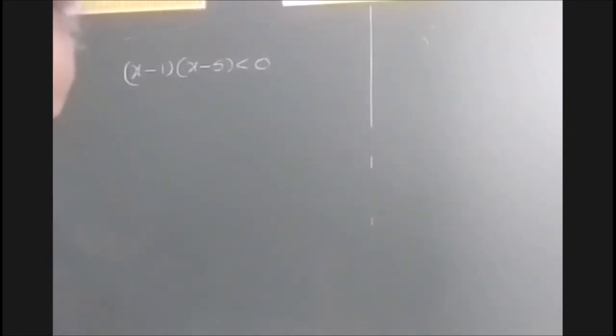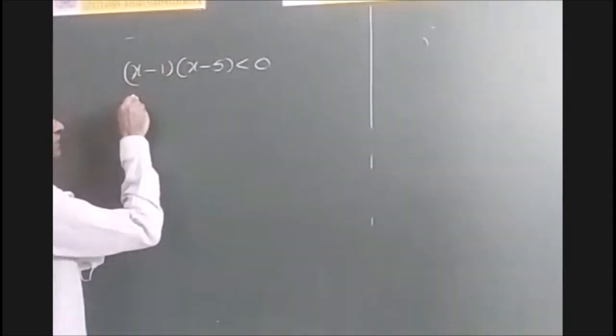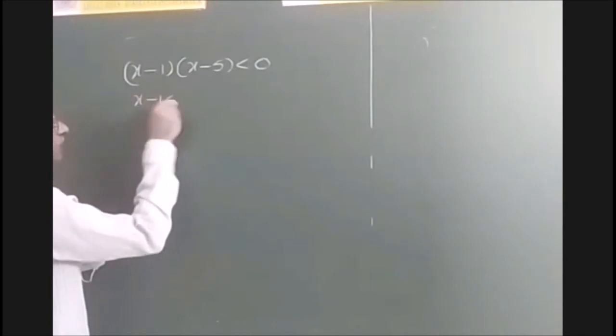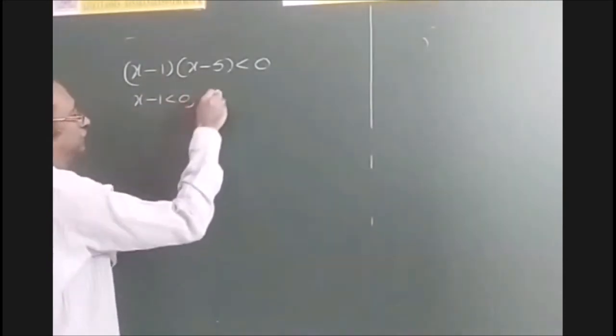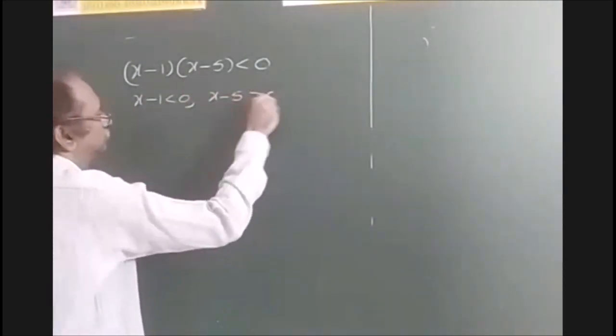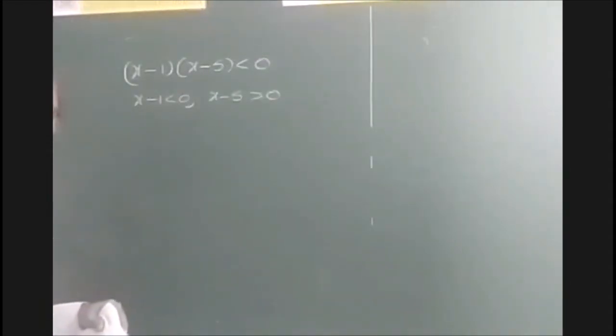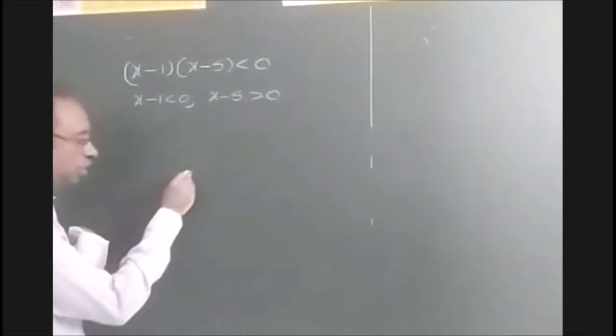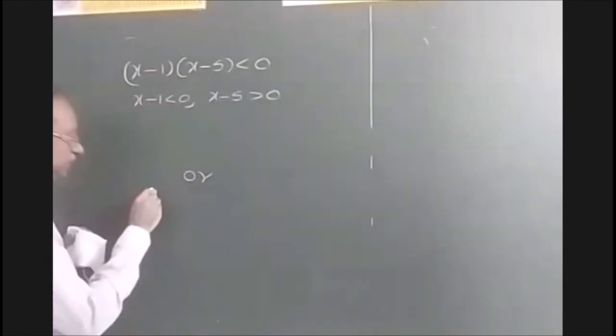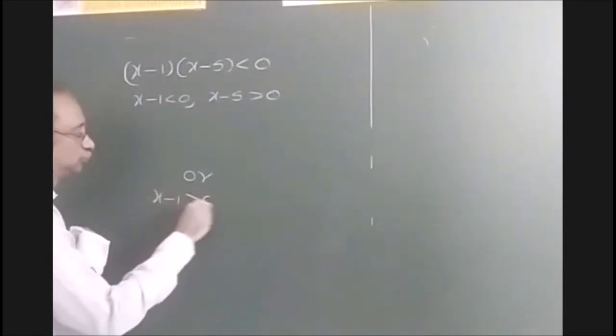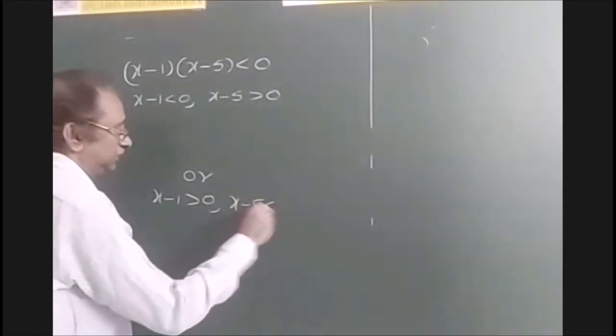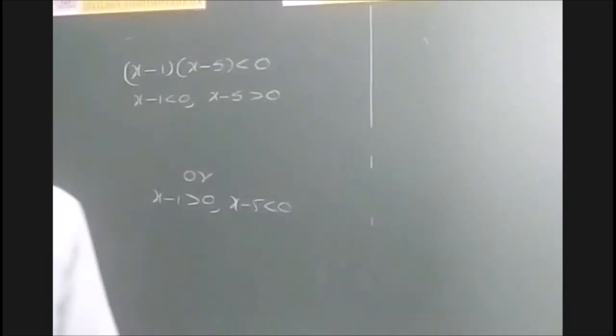If one of them is negative and one of them is positive. Excellent. So here, product negative means this is negative and this is positive, or this is positive and this is negative. Is it okay? Okay, sir.